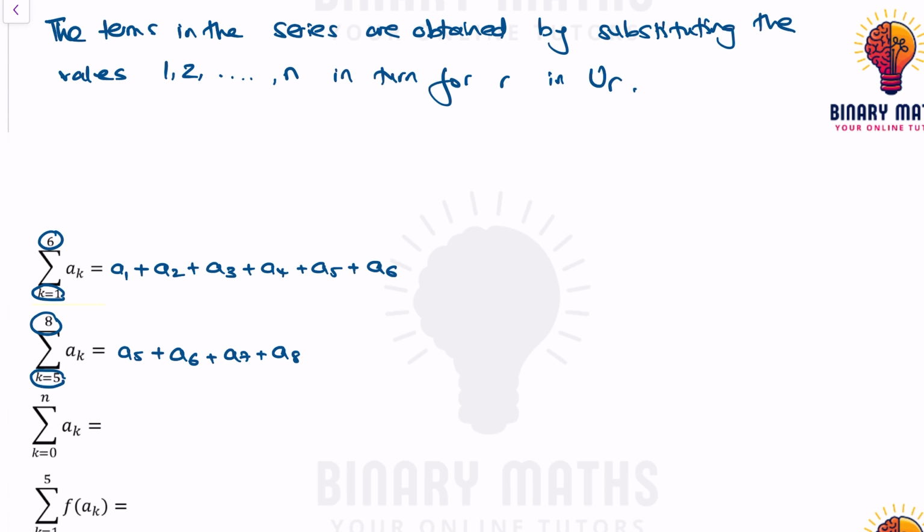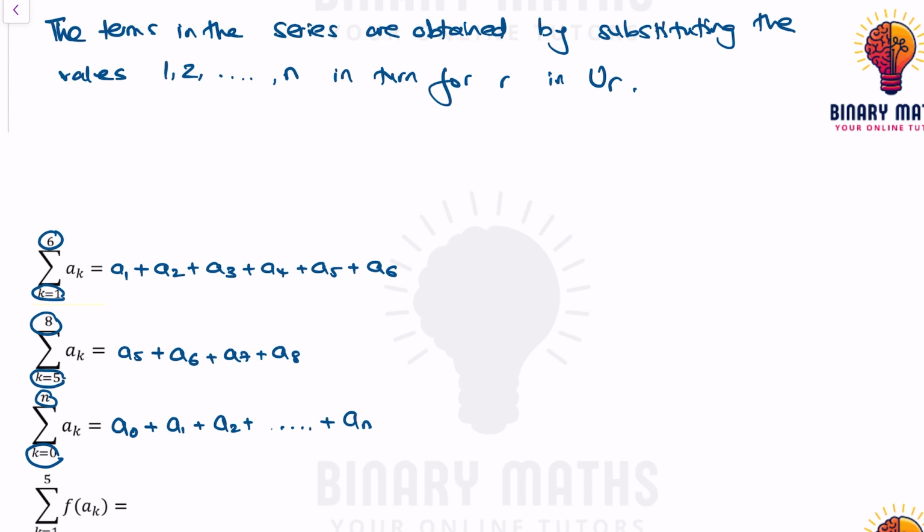Okay, this one says k equals 0 all the way up to n. So the first number we substitute in for k is 0. And the next number would be a1 plus a2 all the way, because we don't know what n is, all the way up to an. So we don't know how many terms there are in this series. But we do know there are actually n plus 1 terms, but not as a number.